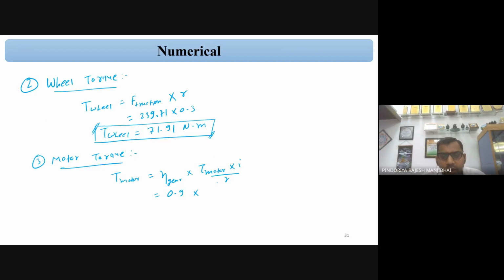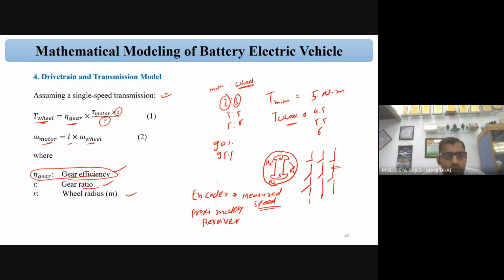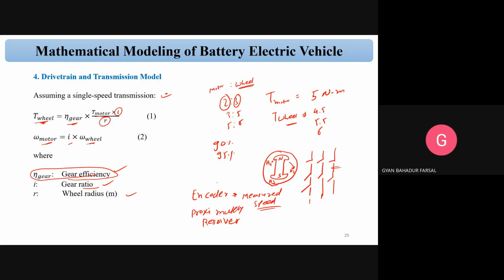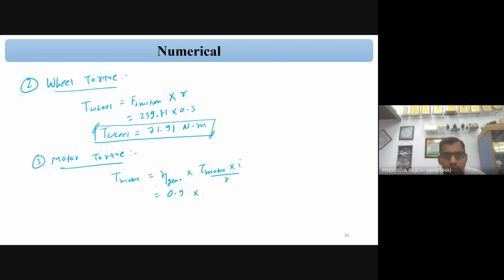So the torque of the motor we have to calculate, correct? In the original formula, on the left side there is the torque of the wheel, and we have to calculate the motor torque. The torque of the wheel we got is 71.91.